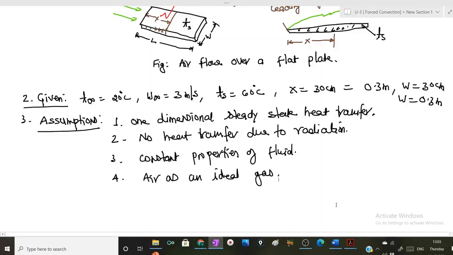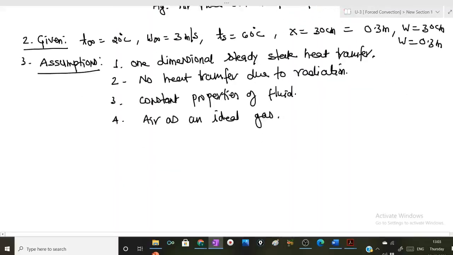Now step number 4, as per our procedure: identification of reference temperature. Now how to decide reference temperature? Since I have identified the flow is external and nothing is mentioned, I will take mean film temperature as reference temperature.